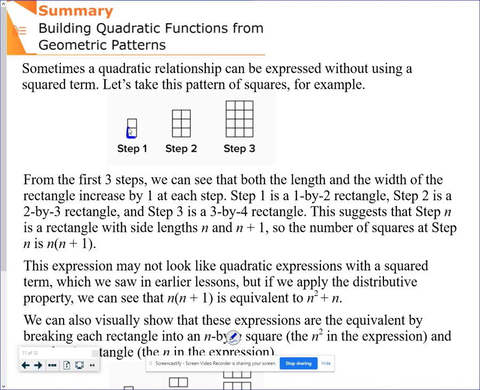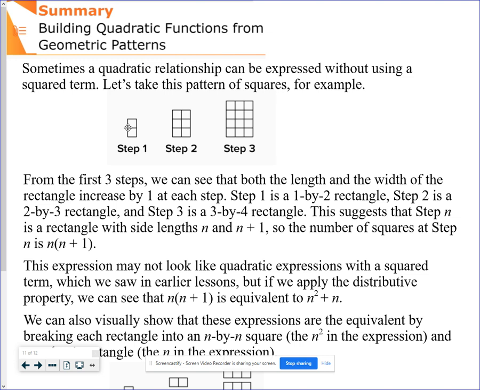Step 1, here is my first step, and then there's some added. Step 2, 2 by 2 square, and a 3 by 3 square, right? So you can see that pattern that way. Or we can also be looking at it in terms of just the length and the width for the area.